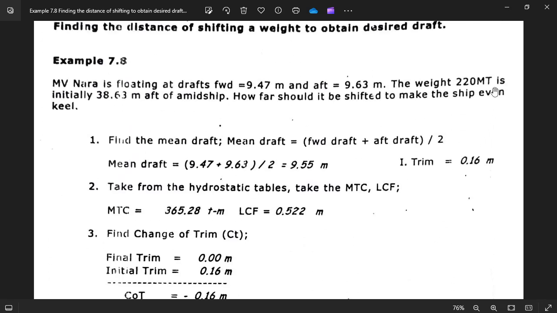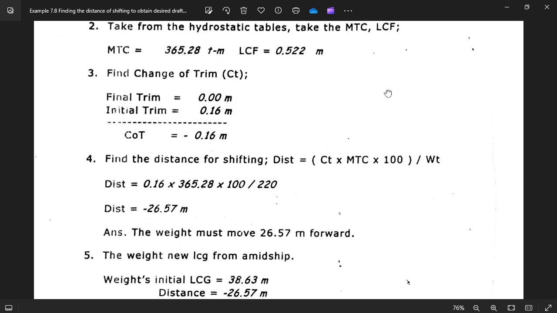The weight is 222 metric tons. And the distance would be 26.57.